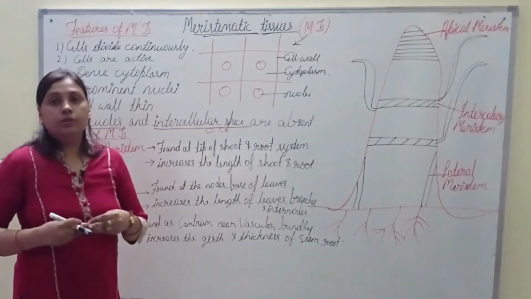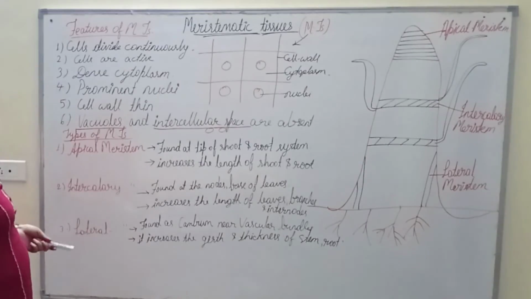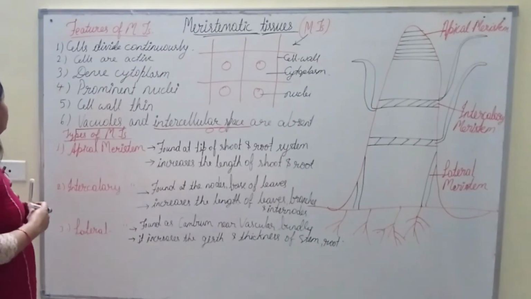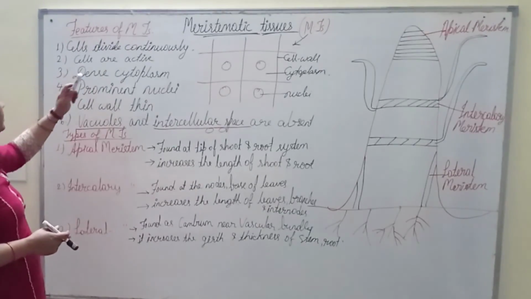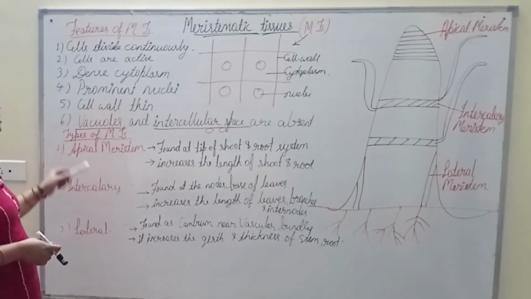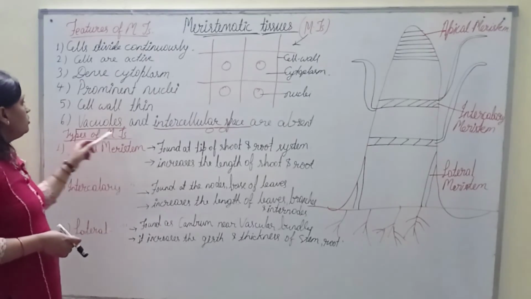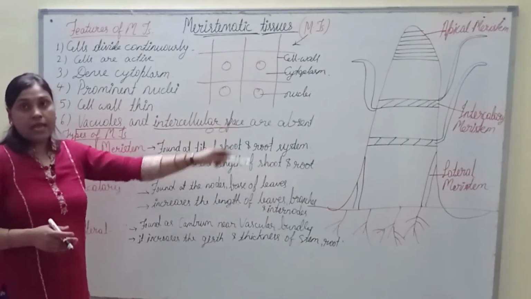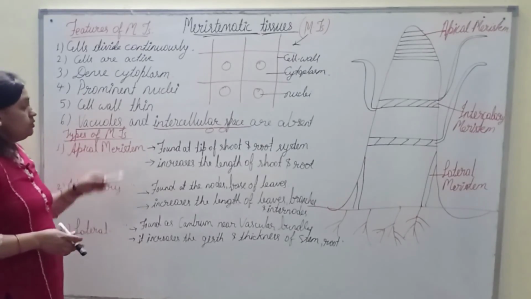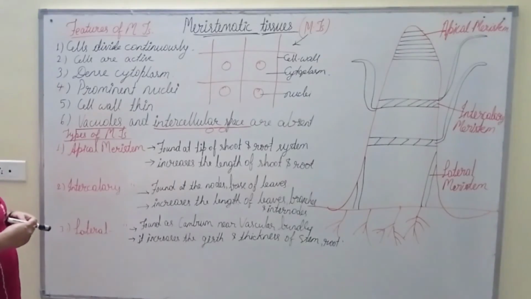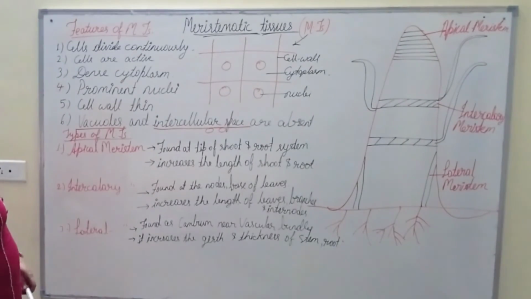So let us have a quick recap of what we have learned today. First of all, we have seen the features of meristematic tissues: cells divide continuously, cells are active, dense cytoplasm, prominent nuclei, thin cell wall, and vacuoles and intercellular spaces are absent. And the types of meristematic tissue: these are of three types, apical, lateral and intercalary meristems.